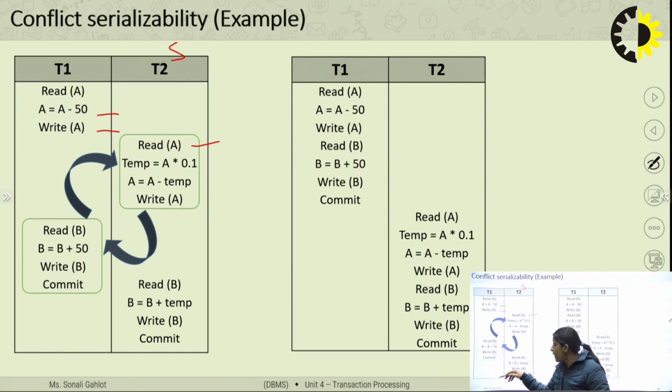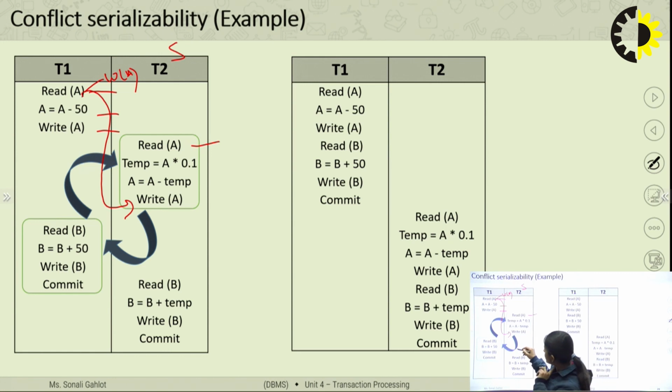First of all, we try to find out if it contains any conflict or not. In the T1 transaction, here is a read A, and we can check this read A against the write A. In the other transaction, we check read A: here is read A, there is no conflict, but read A with this write A, there is a conflict.